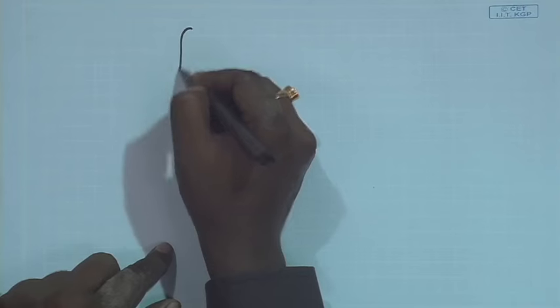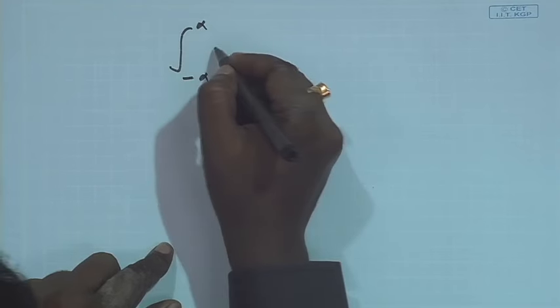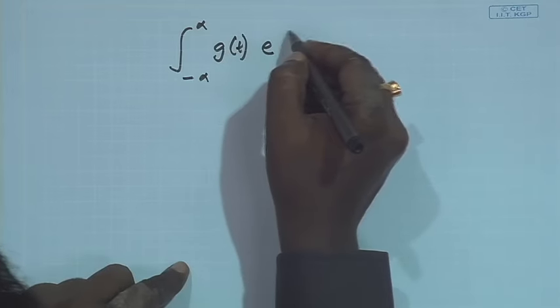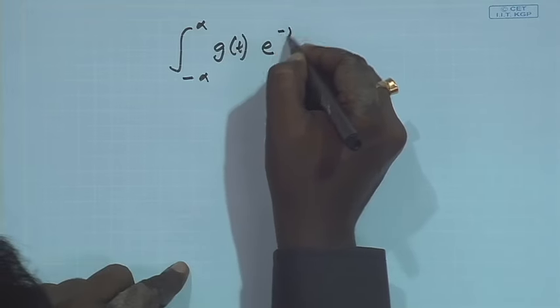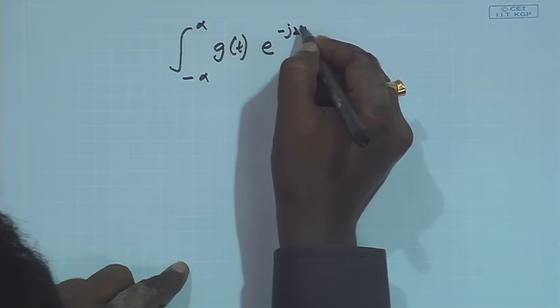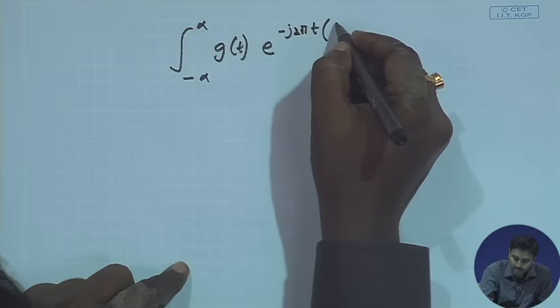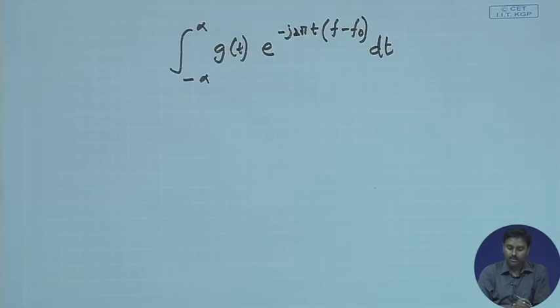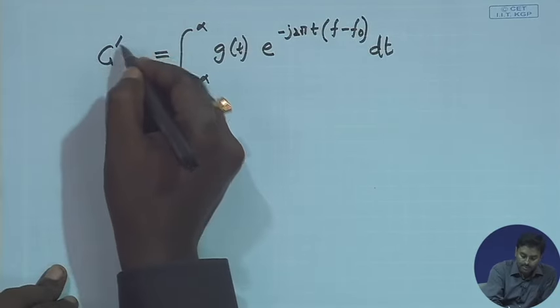Let us try to evaluate this. So, minus infinity to plus infinity g(t) e to the power, if I take minus j 2 pi t common, we get (f minus f0) dt. So, that is my G dash f.